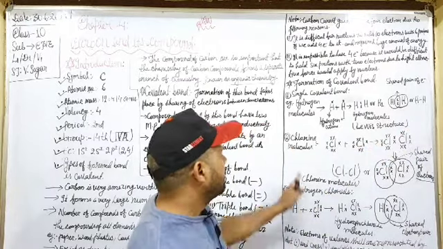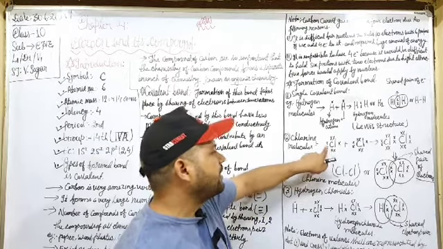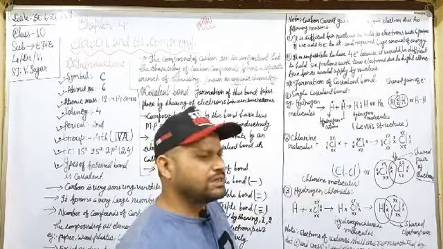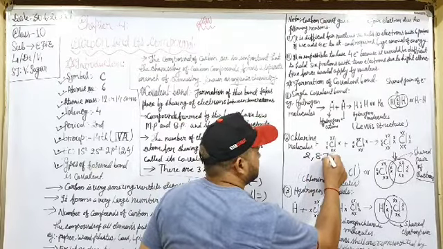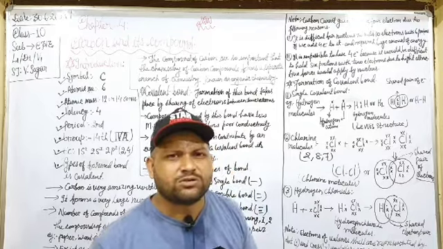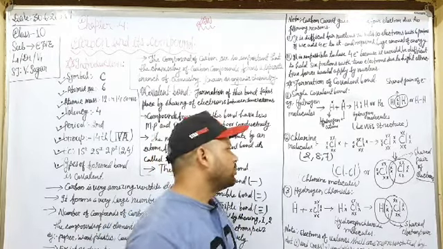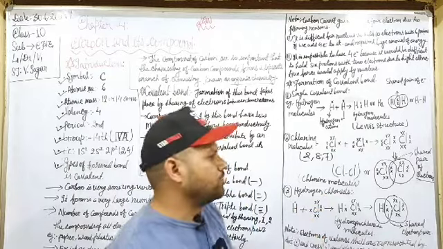The same thing takes place with chlorine. Here there are 7 electrons in the valence shell of chlorine, 2, 8, 7, and it is impossible to lose 7 electrons. So it combines with the help of sharing of electrons.